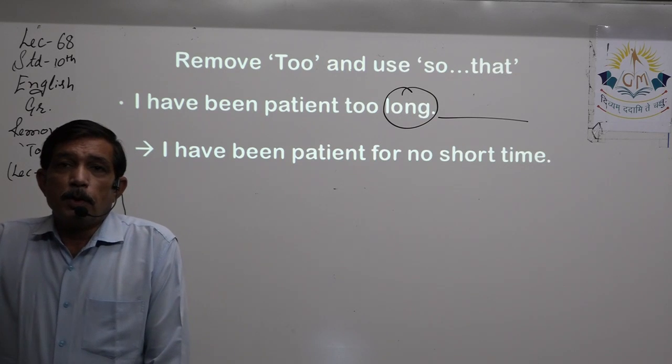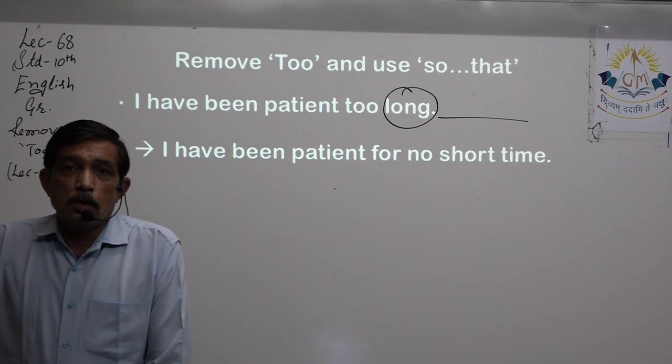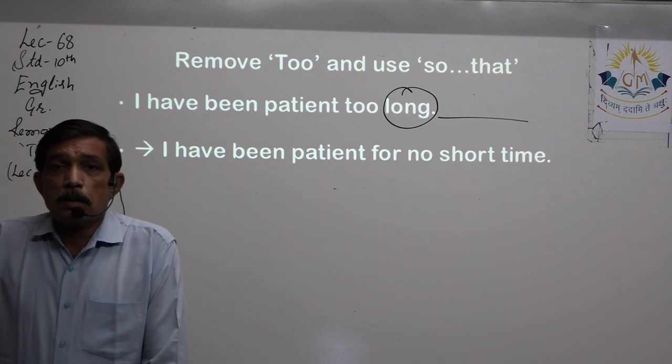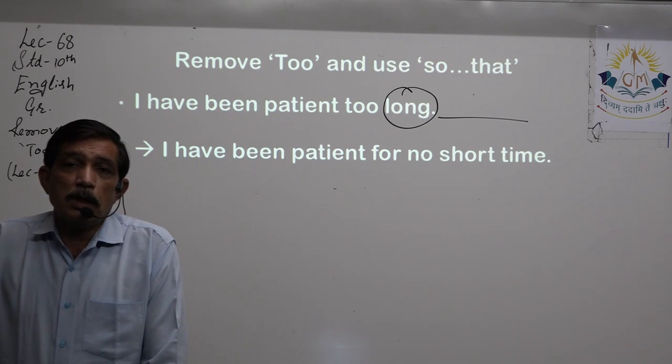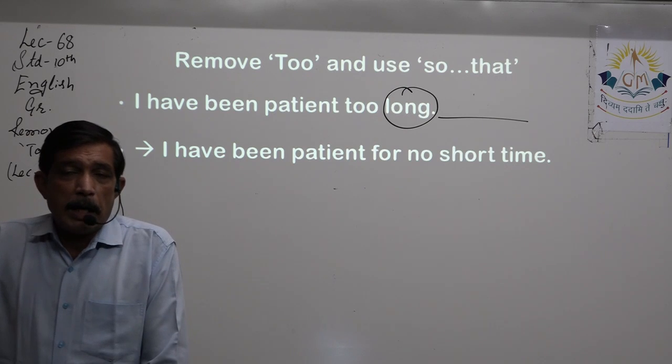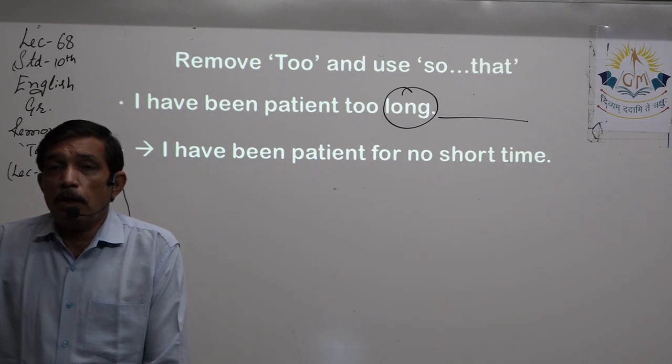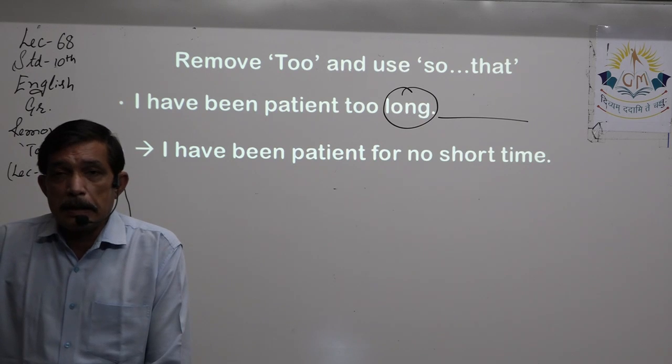The question paper was too easy to fail. Then the answer is: the question paper was so easy that we cannot fail, right? So we have some complement to finish the sentence.